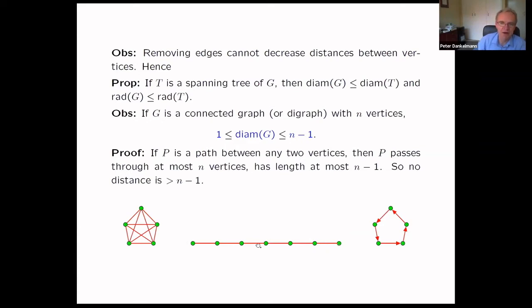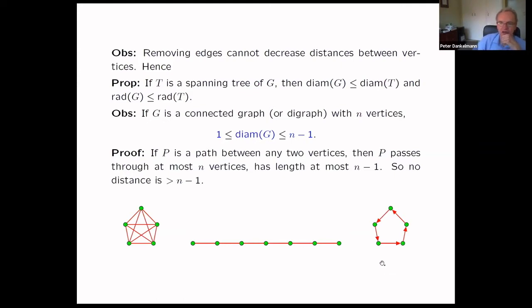And if you take a path, that's the graph in the middle, then a path from the leftmost vertex to the rightmost vertex would go, if we have n vertices, this path would go through all vertices, so it would pass through all n vertices of the graph, and it would have length n-1. So the distance between the two ends of the path is indeed n-1, and that's the diameter of this graph.